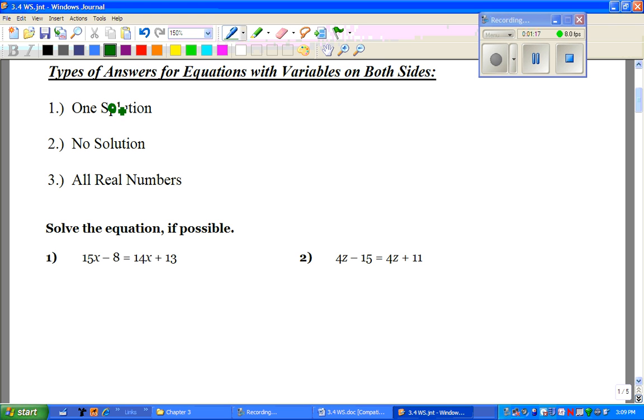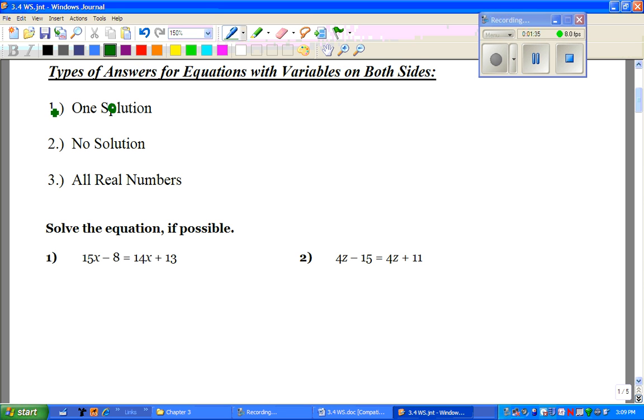One solution. These types of equations are special because they can actually give you 3 different types of answers. What we've been doing so far, in sections 3.1, 3.2, and 3.3, is ending up with solutions.